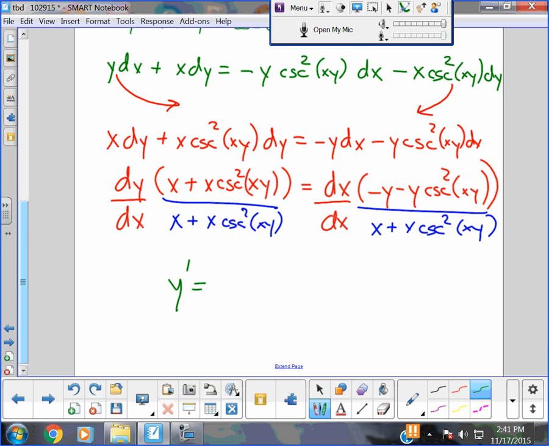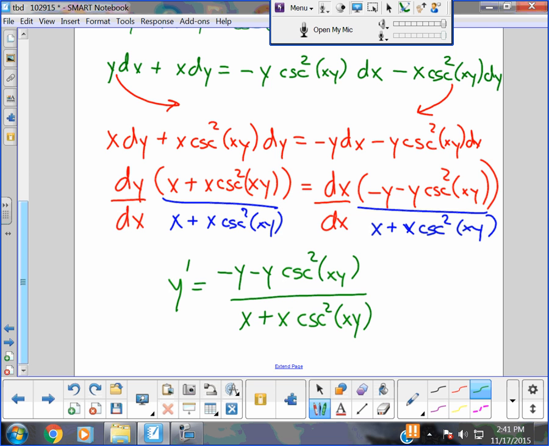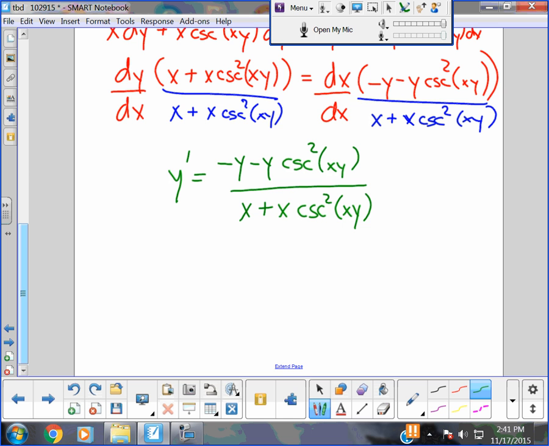And I want to do one thing. I want to show you, because again, one of the things that I see happen on the AP test is I will agree that the derivative we have calculated is this. So you guys who are taking the AP, I want to be clear that when we get to these answers, we have to be prepared to look for other forms. A lot of times I have noticed on the AP when they have this situation, they would factor out the negative y.